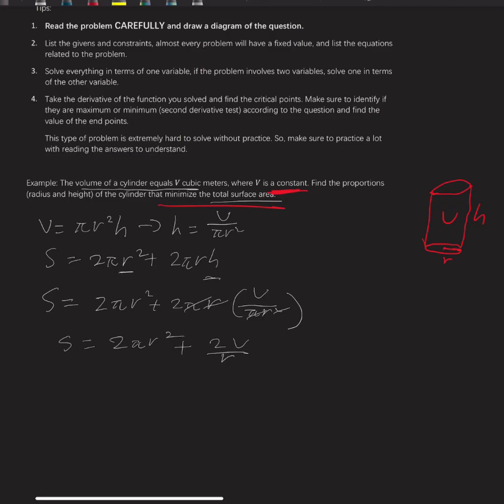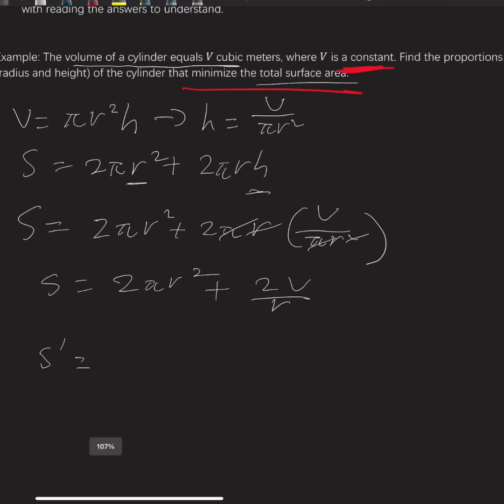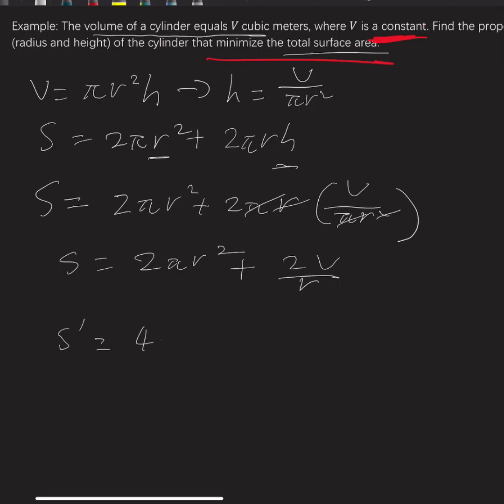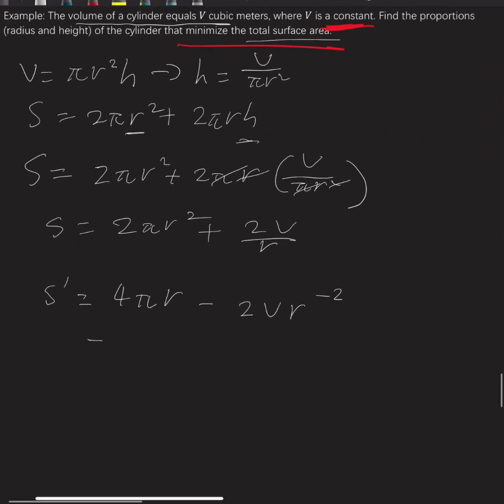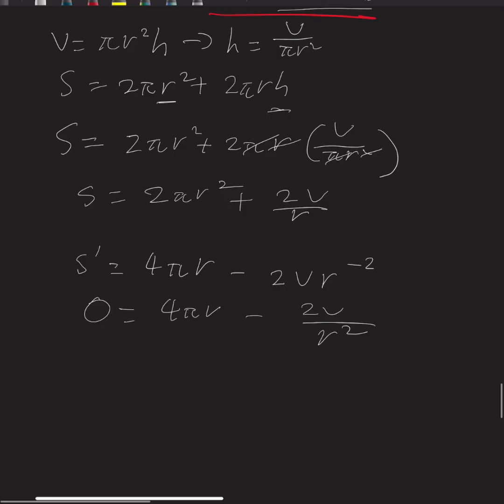Let's just do S prime, which is equal to 4 pi r minus 2V over r squared. And let's solve for the critical points, where this whole expression equals 0. So 2V over r squared equals 4 pi r.